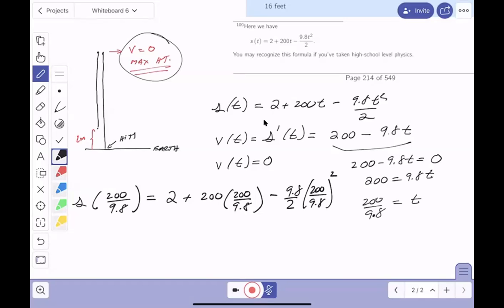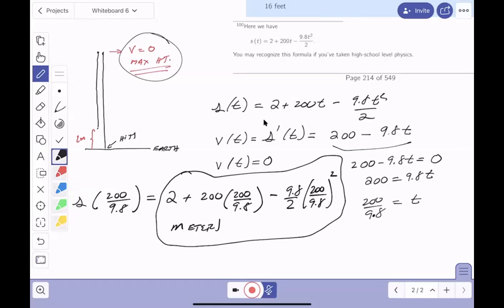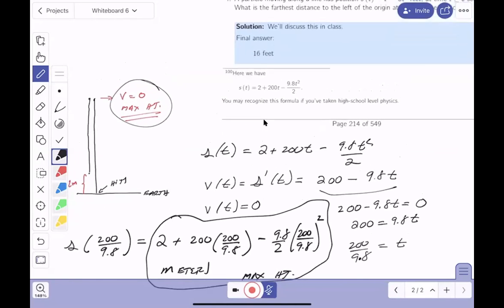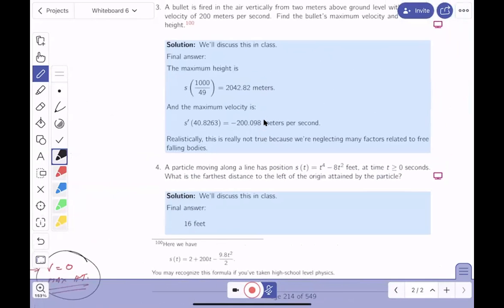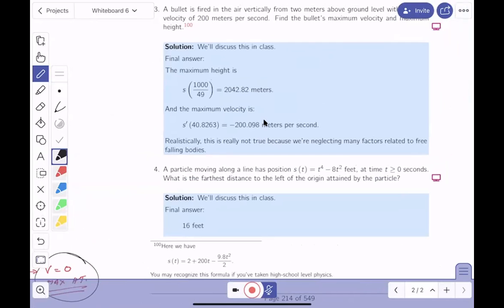And what is this? This is meters. On the exam, I'll accept this 100% as the maximum height. And write this down: this is the maximum height. All right. Now, certainly I really think you need to be able to start using a calculator to do computation. Make sure you can get that number over there using a calculator.